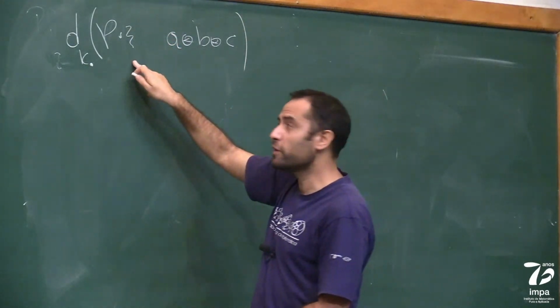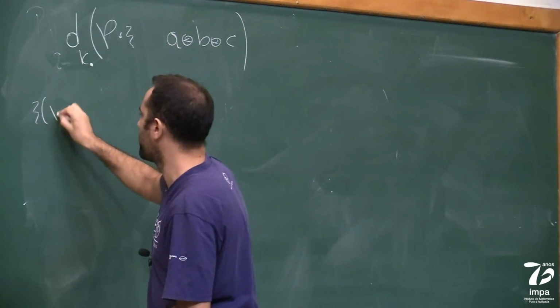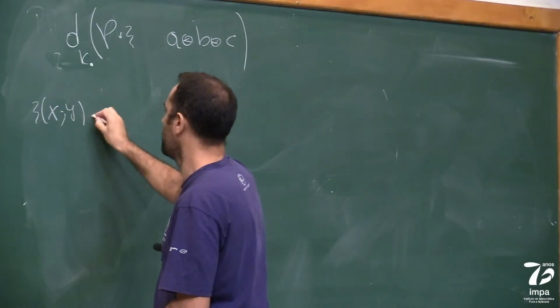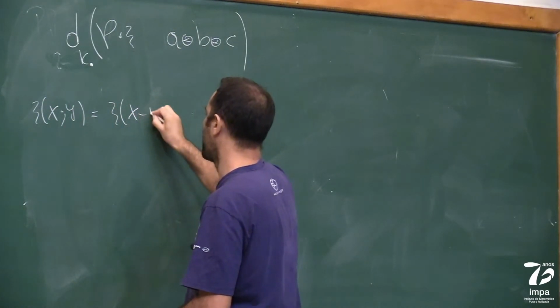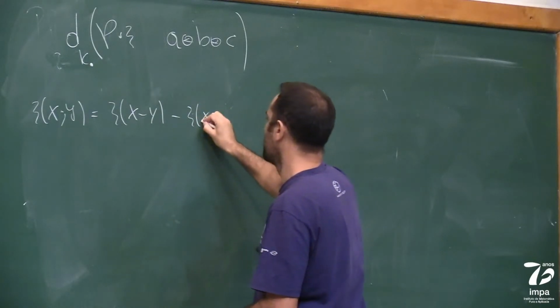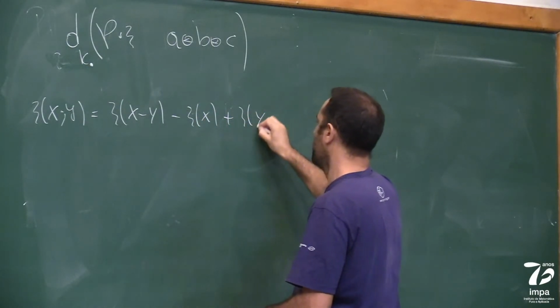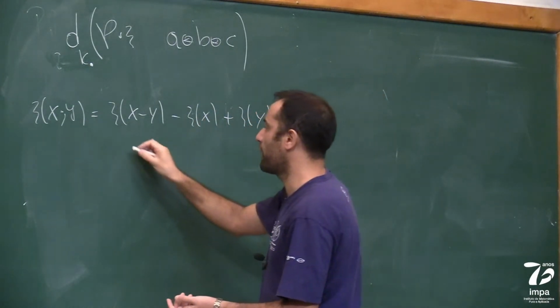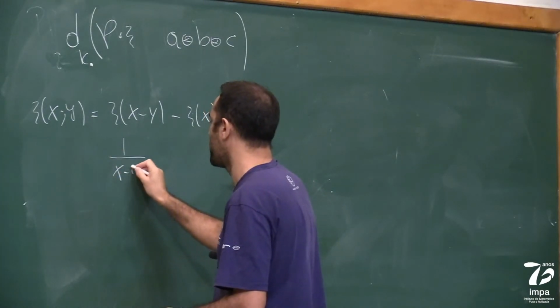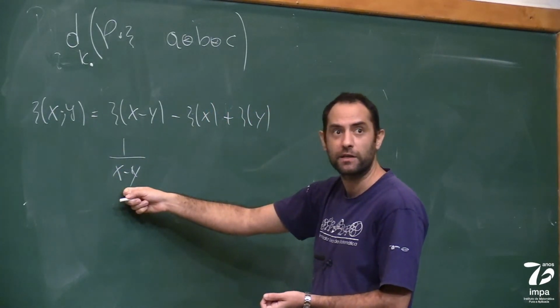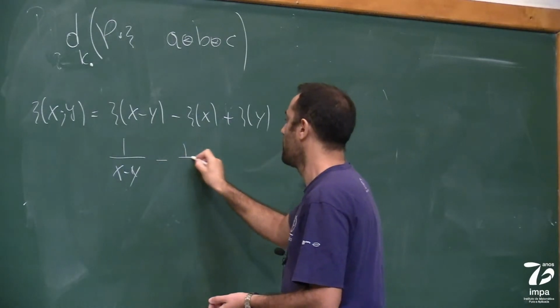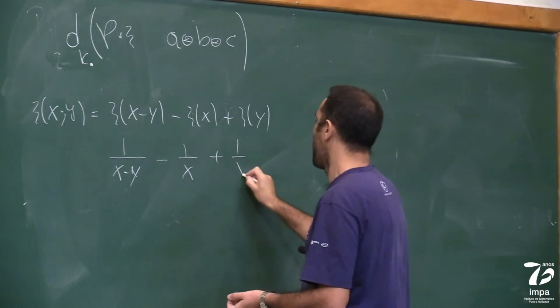And here I'm going to use that, if you remember, the zeta function of x, y was just simply z of x minus y minus z of x plus z of y. So the singularities of this function really simply look like x minus y. That's the only part that is going to contribute for my differential. 1 over x, 1 over y.